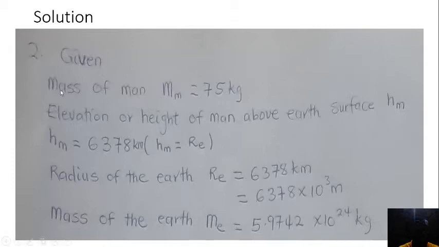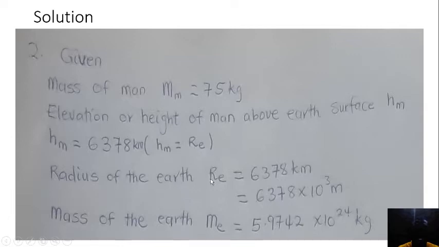In the question, we've been given the mass of a man to be mm equals 75 kilogram, and then his elevation above the Earth's surface we have also been given to be 6,378 kilometers, and we've been told that his elevation equals the radius of the Earth.